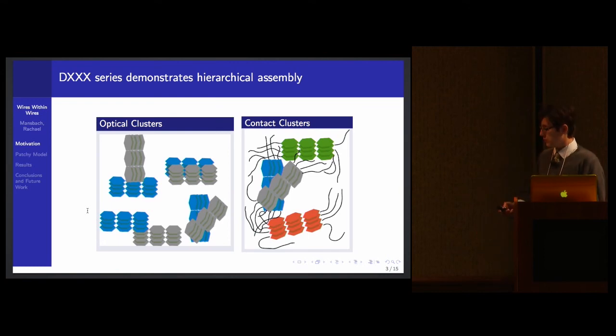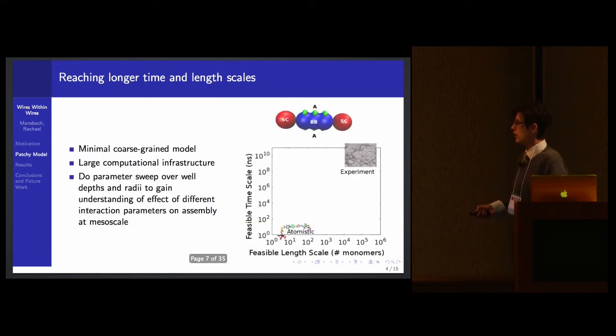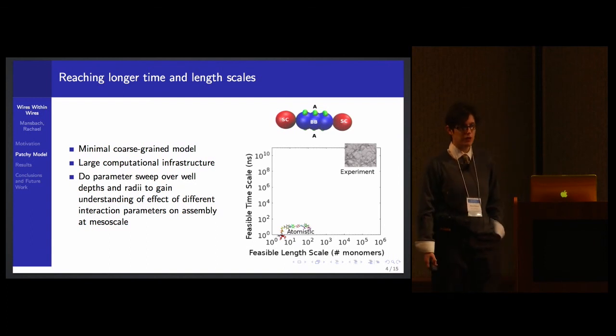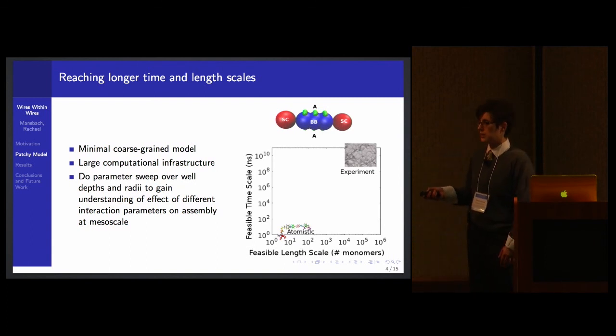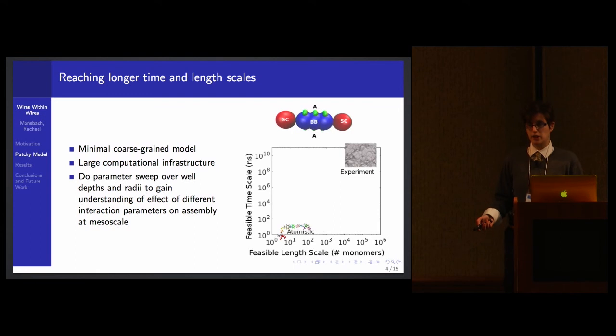Now, we run into a problem pretty quickly, which is probably one that's familiar to a lot of people here. We want to understand these things at a molecular level. We have experimental collaborators who can do experiments. Our feasible length and timescales for atomistic molecular dynamics are somewhere down here. Our experimental length and timescales are somewhere up here.